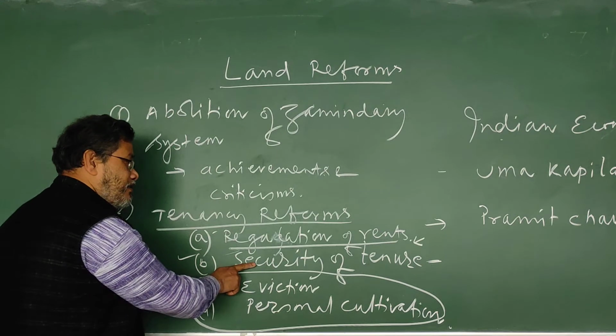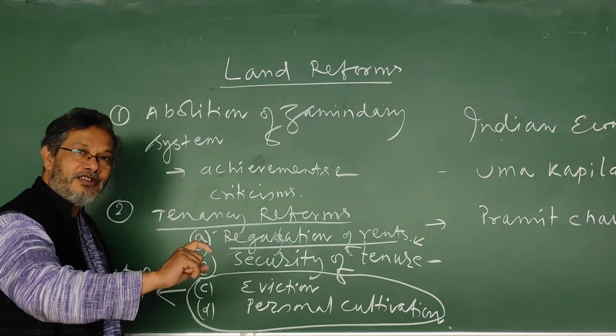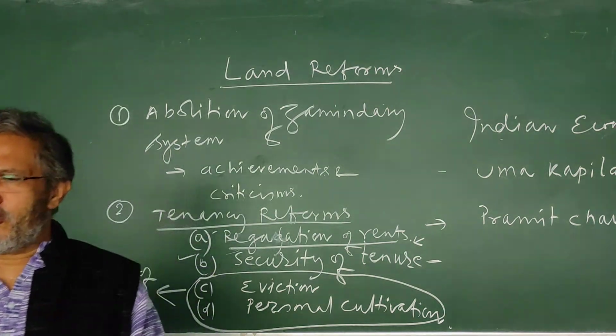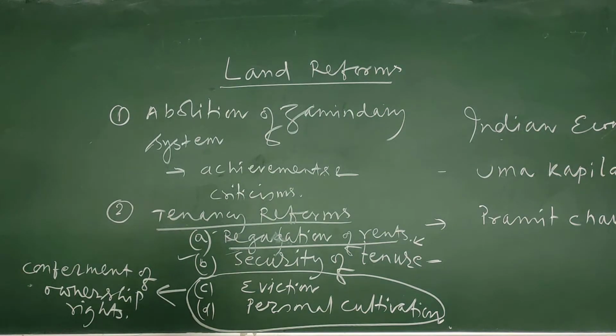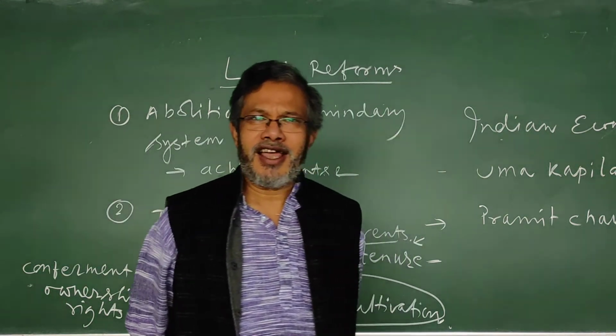Then if tenure is secured by an agreement, the next point is: does it not mean that Jamindars or landlords cannot take the land for own cultivation? Yes, they can take land.